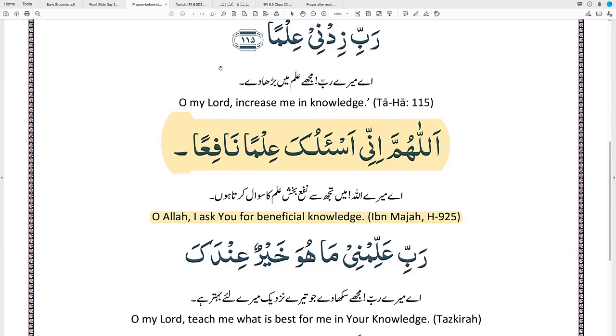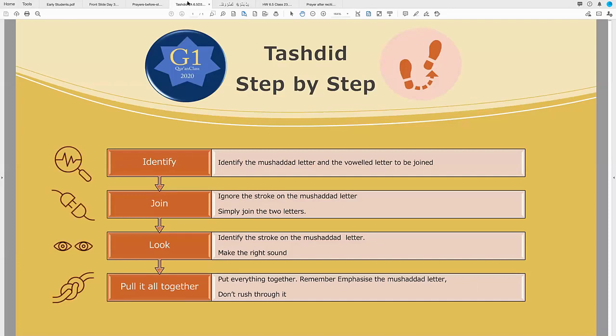Jazakumullah. Okay, so today we are going to continue with our Tashteed lesson. We have spent 2 days teaching it, and today we will conclude by completing the exercise. And I just want to remind you about 4 simple steps that you need whenever you see a mushaddad letter.